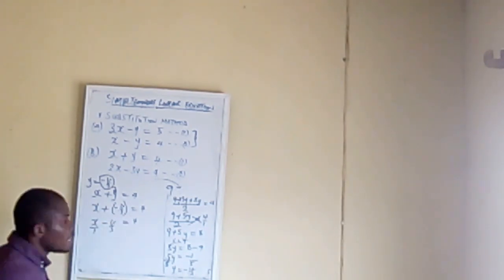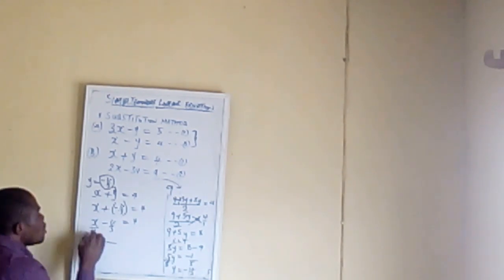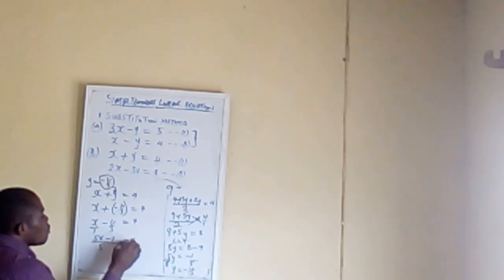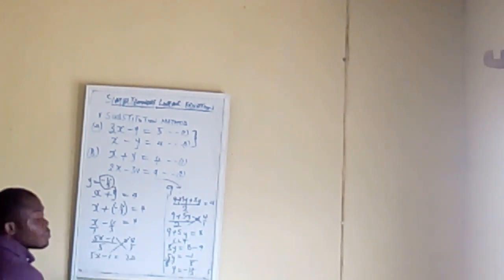So your x minus 1 over 5 equals 4. You can take the LCM. LCM is 5. So this will be 5x minus 1 equals 4, so we cross multiply. We have 5x minus 1 equals 20.